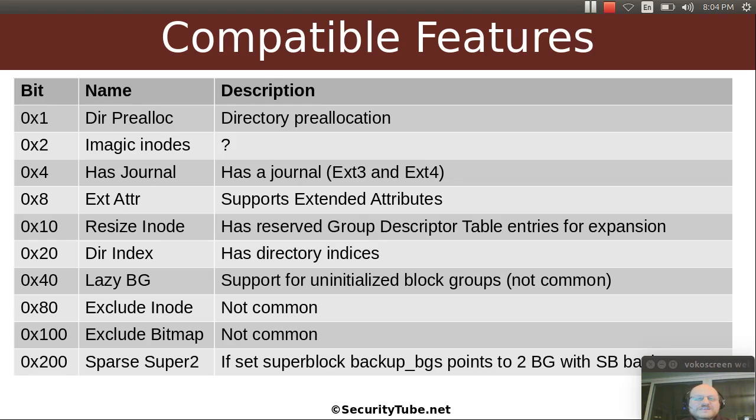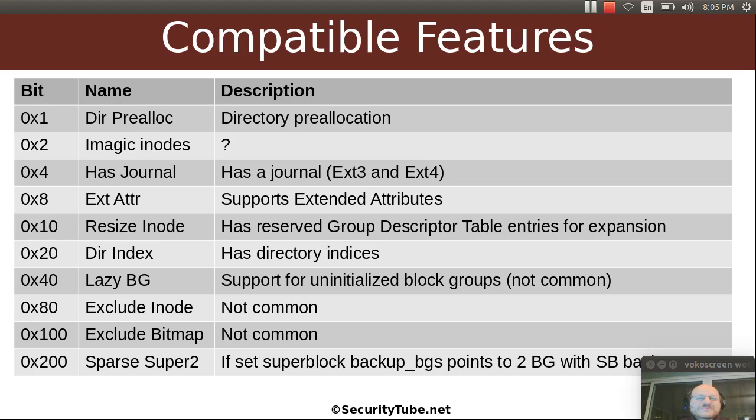There's the lazy block group feature. So what is that all about? If you look in the Windows world, sometimes you have the option to do a quick format. This is similar, where when you make a file system, you can get away with not initializing all of the block groups. So if you have this feature enabled, then you can have non-zeroed block groups.